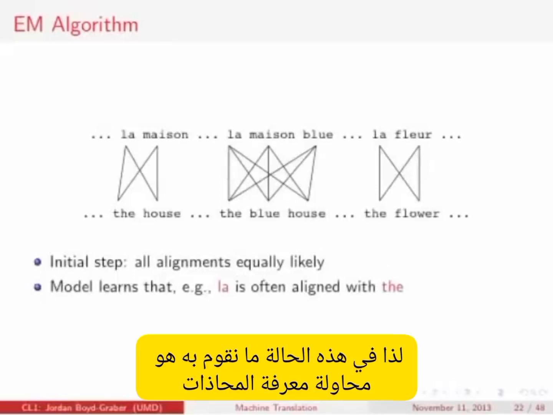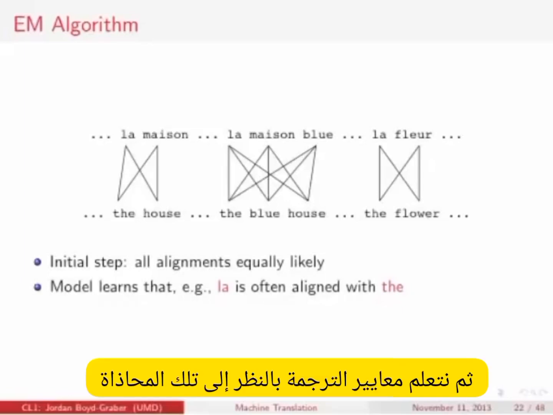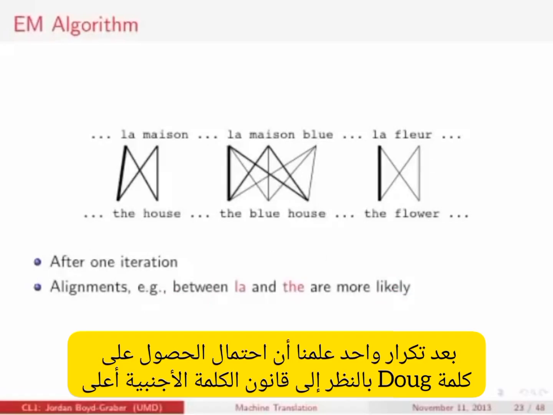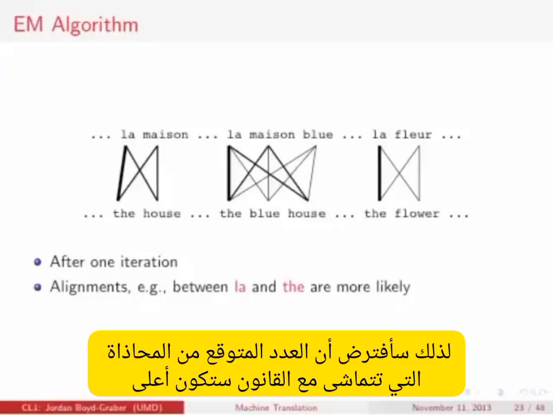So in this case, what we're doing is trying to figure out alignments. We start by thinking that all alignments are equally likely, and then we learn translation parameters given those alignments. After one iteration, we learn that the probability of getting the word "the" given the foreign word "la" is higher, and so that changes our idea of what the alignments should be. We'll think that the expected number of alignments where "the" aligns with "la" is going to be higher.